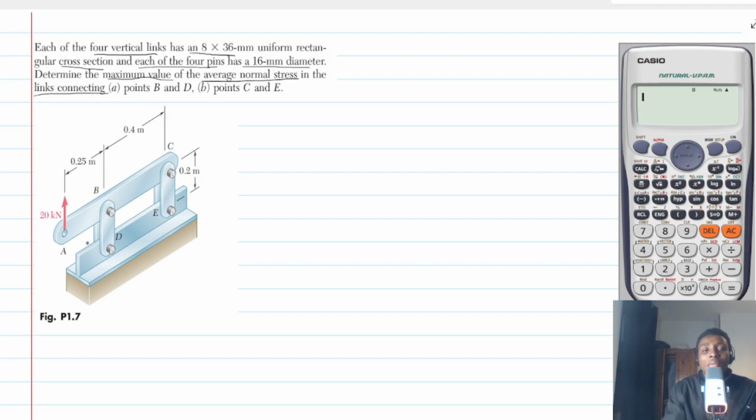What happens here is that you apply a force which is 20 kilonewton, and as you begin to apply the force upwards, there is going to be some stress in BD and CE. To look at this carefully, we will take A, B, C together as one, and then the linkages, the links connecting B and D, and then C and E. So this is what you are going to get, something like this.